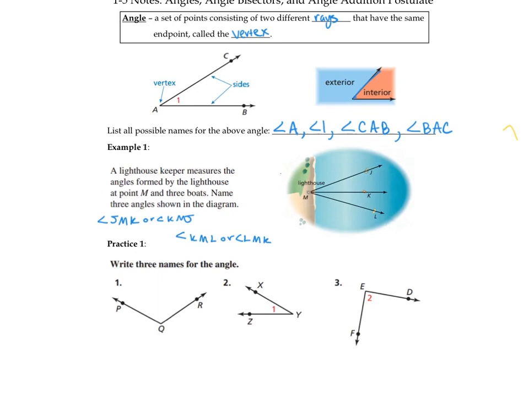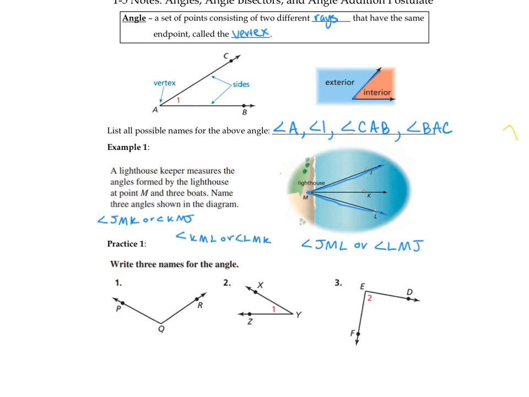Either of those would work. The last angle is the big angle, the overall angle, which is this one here. It has two names. I'm going to call it either JML or angle LMJ.